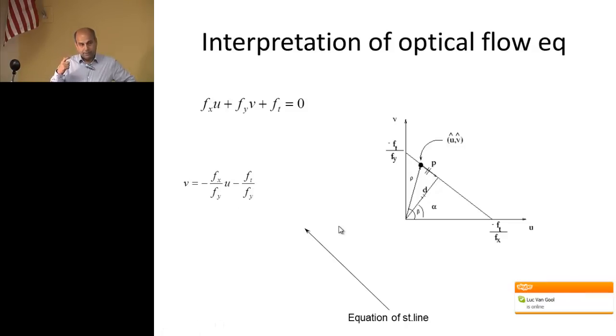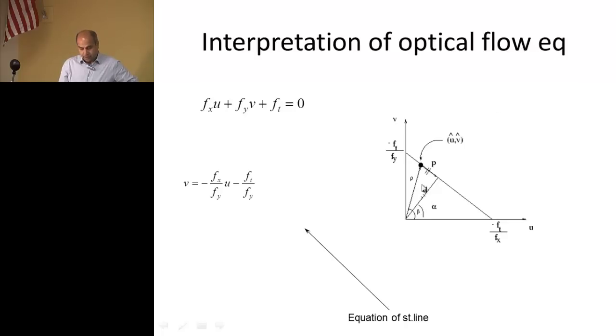We have one equation, two unknowns, but it tells you the optical flow will lie on this line because this equation satisfies the line. The way we got this line was using this equation. So it can be this one, this one, this one. It can be anywhere on this line, but we don't know. Okay? So let's say somebody told us that it is here. This is the true optical flow.